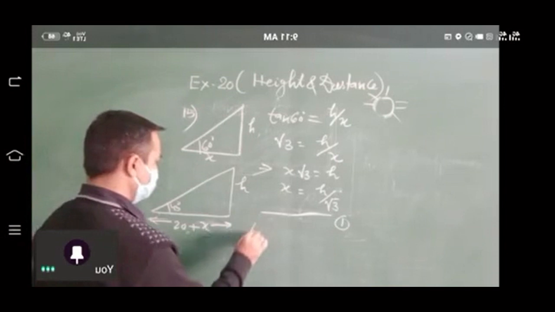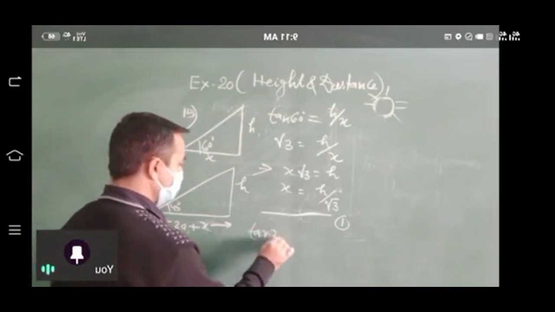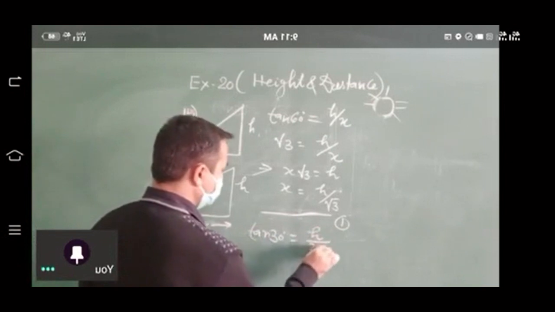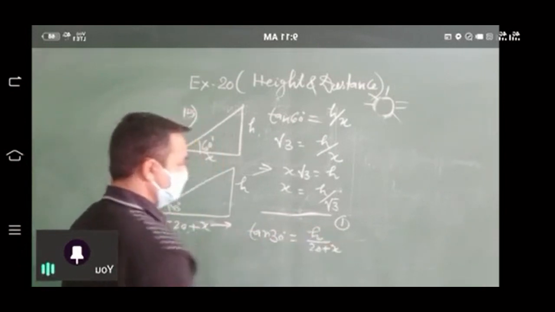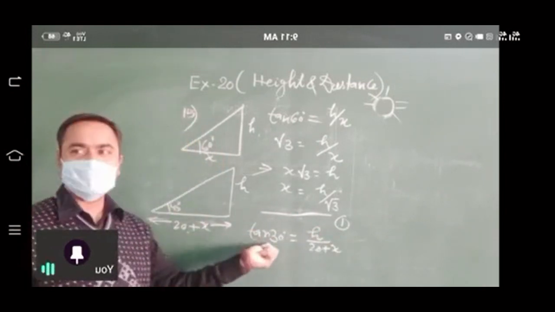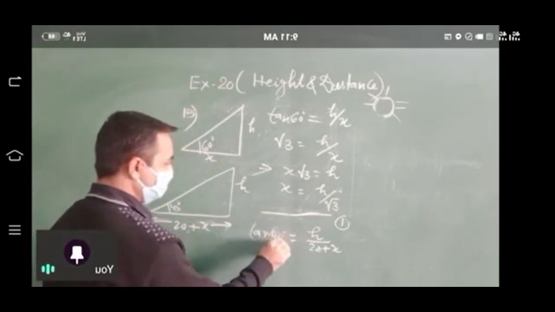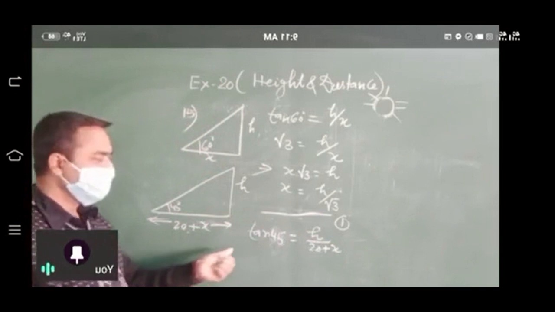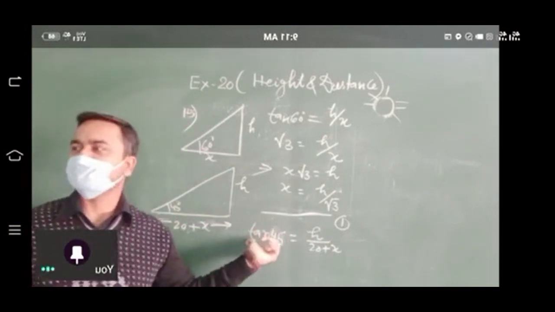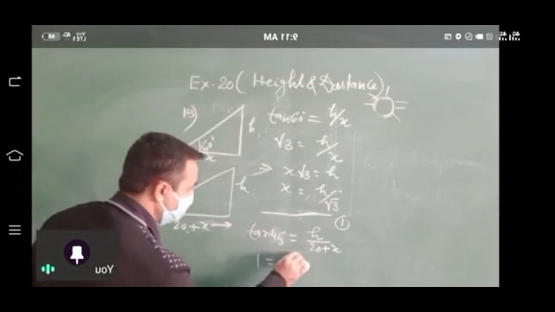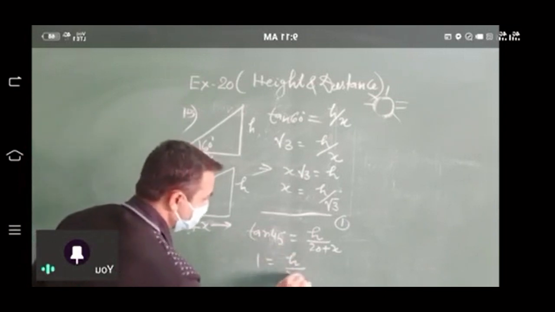Now tan 45 equals h upon 20 plus x. What is the value of tan 45? 1. So this is 1 equals h upon 20 plus x.